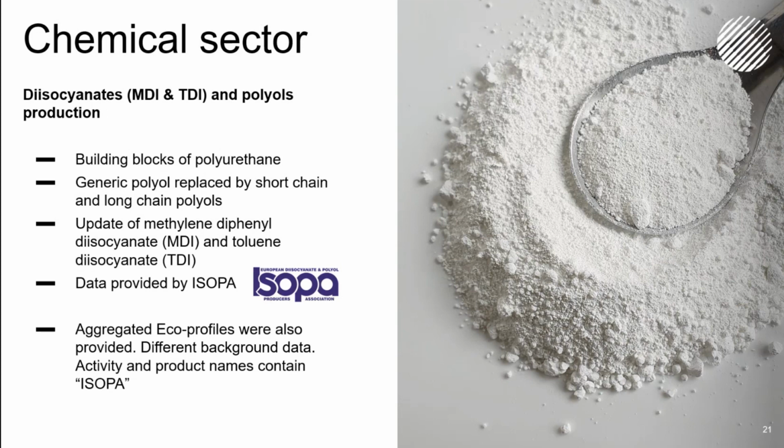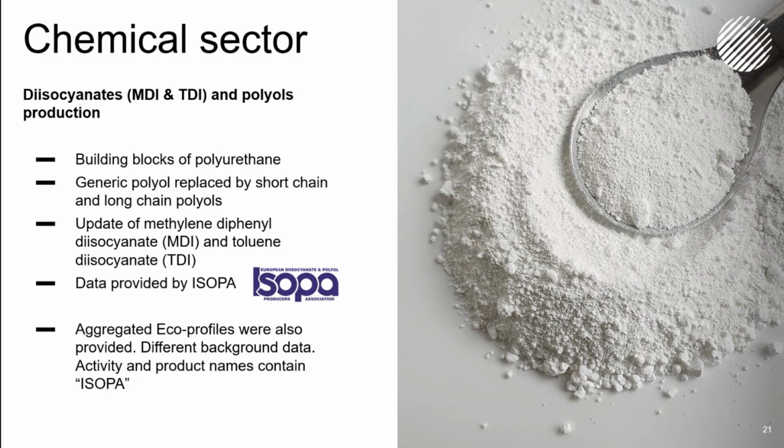In addition to the new and updated unit process data, we have also added datasets that contain the eco profiles that were published by ESOPA for these products. These eco profiles are aggregated lifecycle inventories and were not calculated with the ecoinvent database in the background.